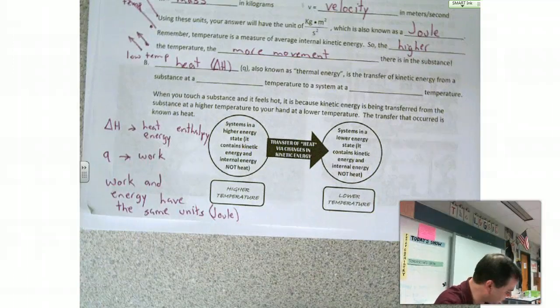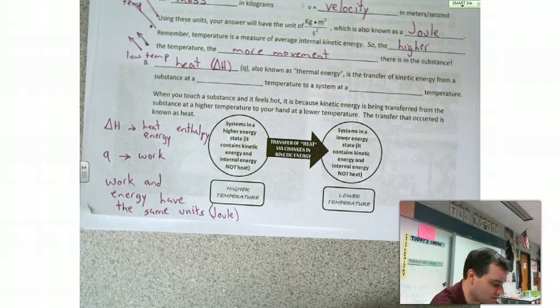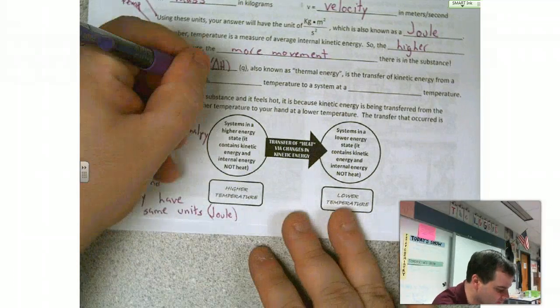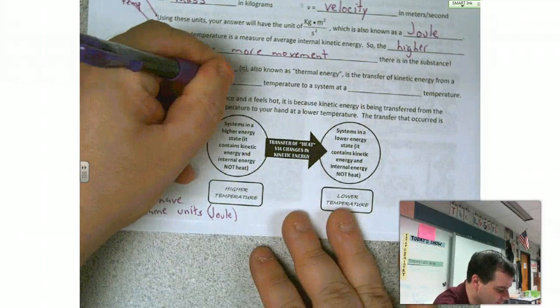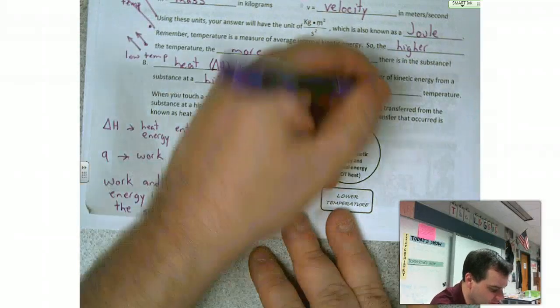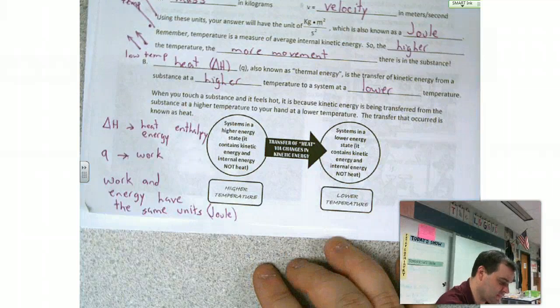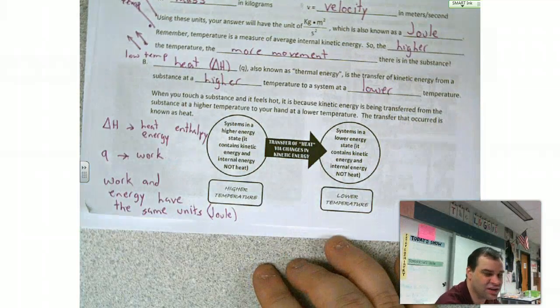But back to heat. Heat is the transfer of kinetic energy from a substance at higher temperature to a system at a lower temperature. When you touch a hot substance, it feels hot.